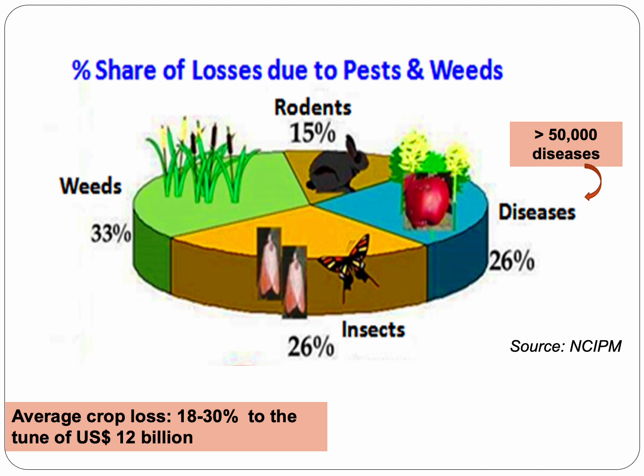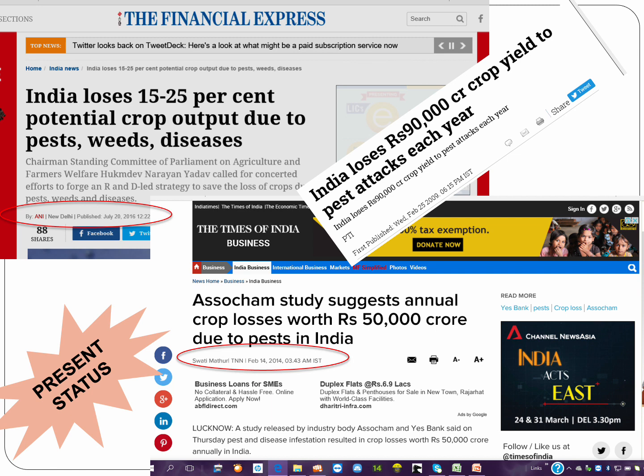Please try to remember, there are more than 50,000 diseases caused by fungi, bacteria, nematodes, mycoplasma, and viruses. You will be surprised to know that our country, India, loses around 15 to 25% of potential crop output due to pests, weeds, as well as diseases.